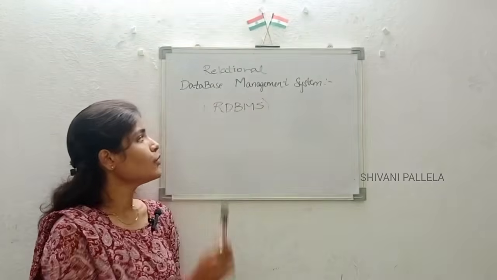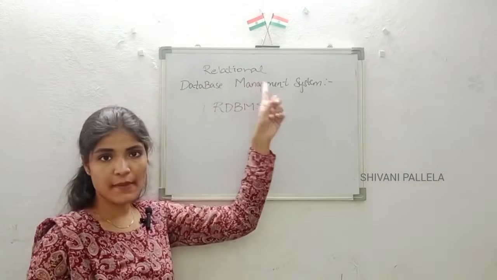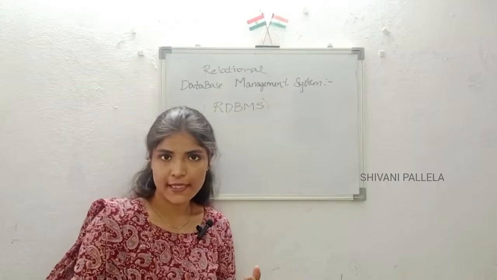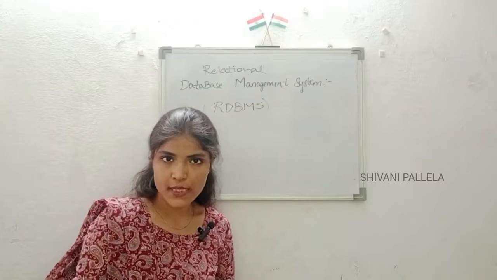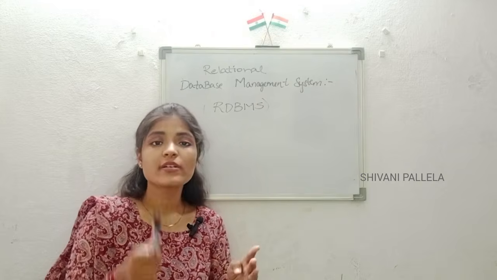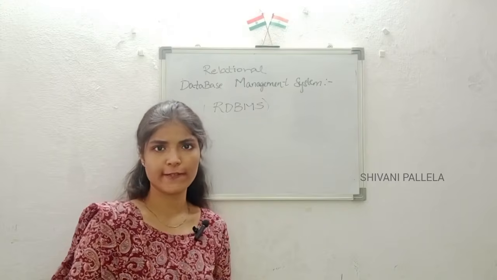RDBMS stands for Relational Database Management System. We have collected the data, we have processed the data, we have interrelated data, and also we have organized a set of rules and regulations for the interrelated data.